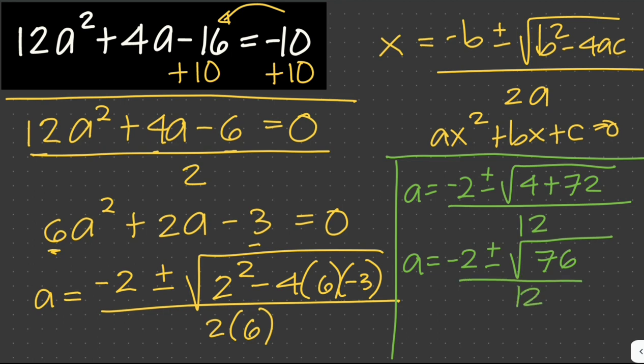Okay, we look for factors of 76. 76 can be split into 4 times 19 over 12. So 4 here is a perfect square, so we can get the square root of 4 and put 2 outside of the radical.